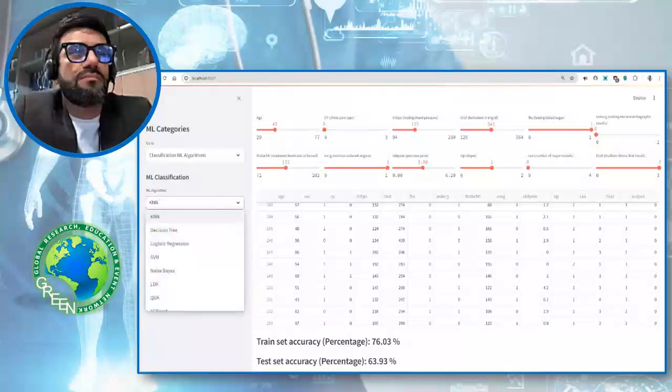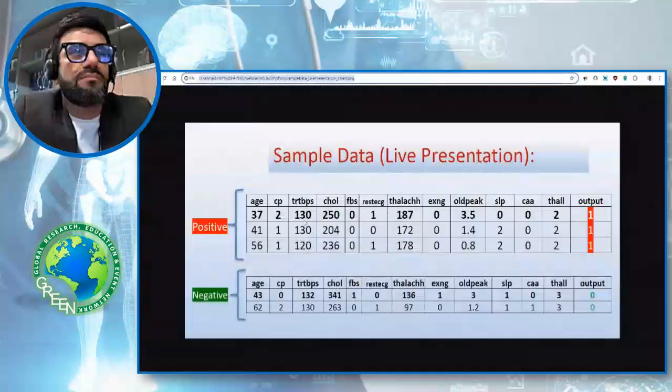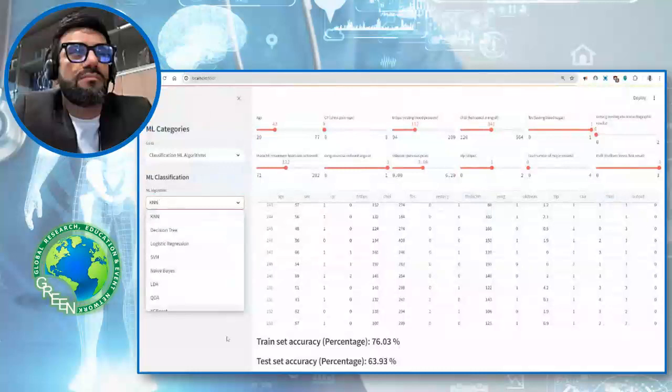KNN, decision tree, logistic regression, SVM. Each of them works sometimes better than the others. So it is completely based on your experience and even on your skill. We can even check another one if you're willing, but I think it is enough for this demonstration.